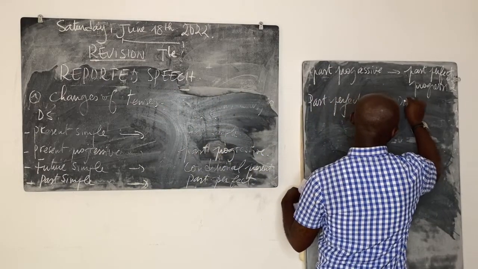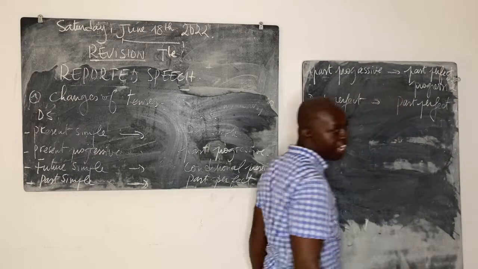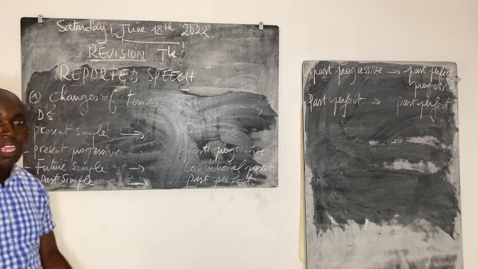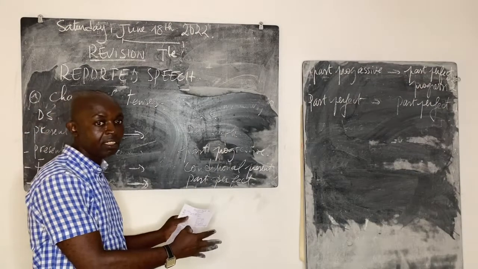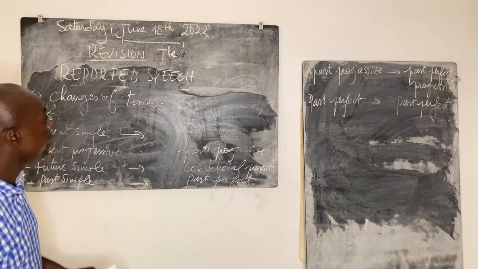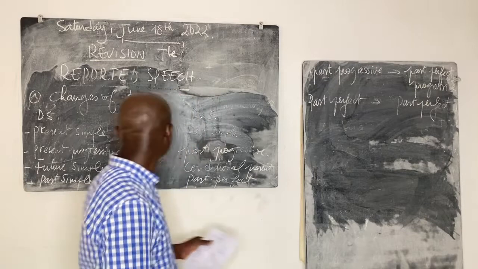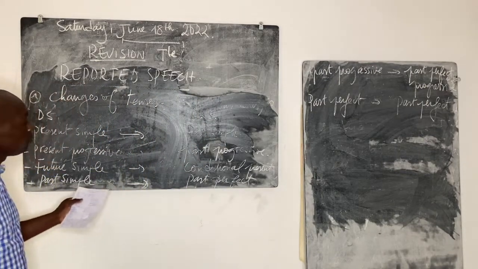It does not change. Past perfect remains past perfect. The remark we have to make here is that the progressive tenses work with the progressive tenses, and the simple tenses work also with the simple tenses. So these are the changes about the tenses.